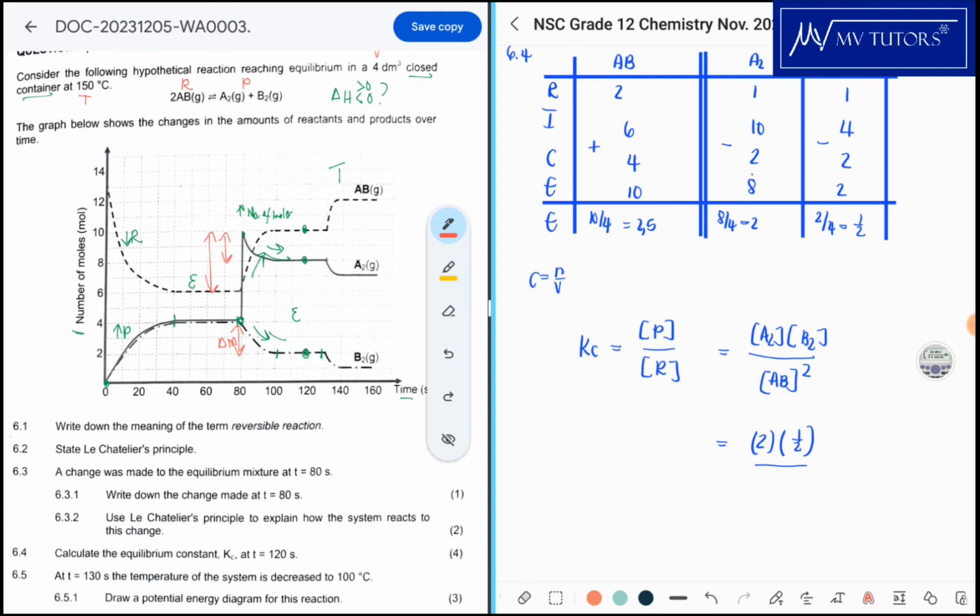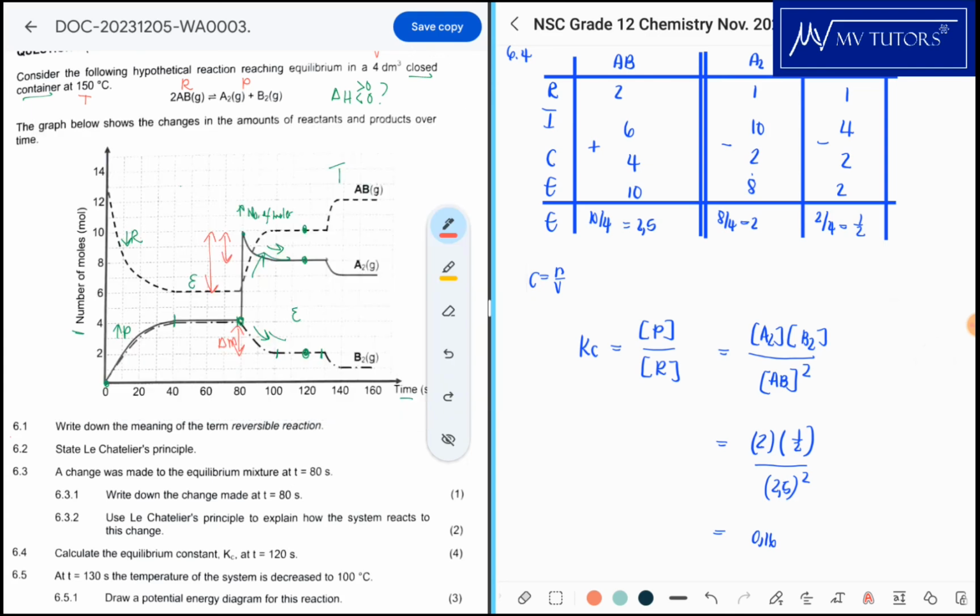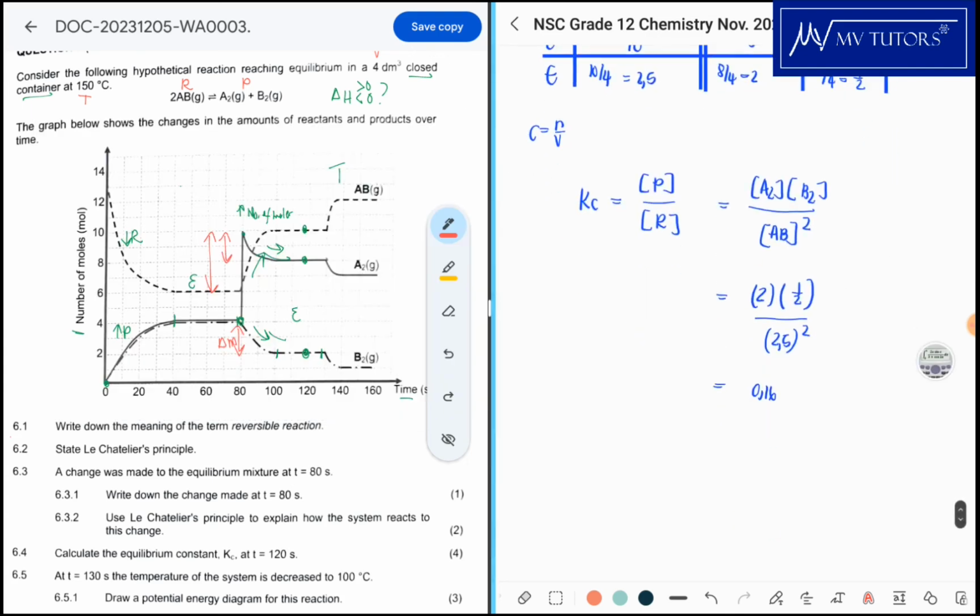And then AB is 2.5, that's 2.5 squared. So now if I say 2 times 1/2 divided by 2.5 squared, I get an answer of 0.16. Okay, so that's the Kc value for 4 marks.